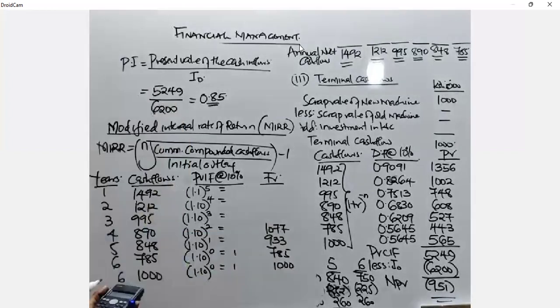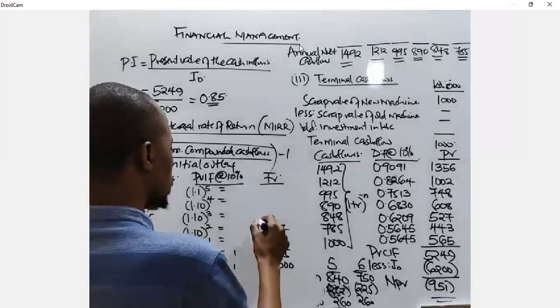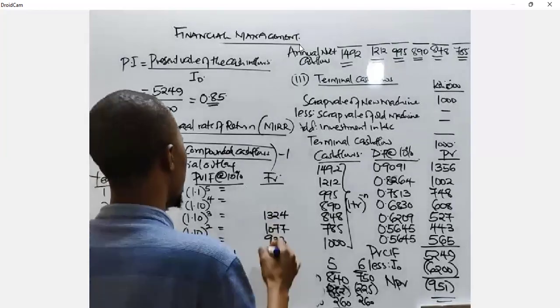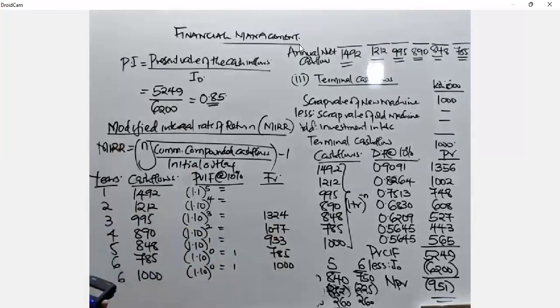1.1 raised to power 3 times 995, getting 1324. The other one will be 1.1 raised to 4 times 1212, getting 1774.